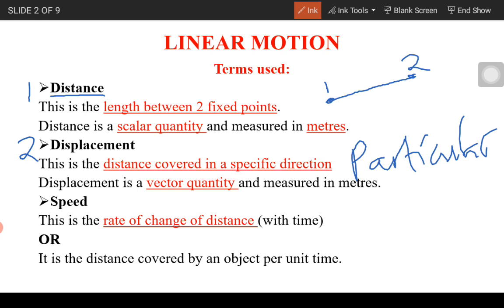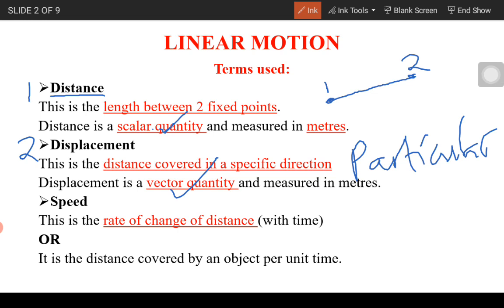So while distance is a scalar quantity, displacement is a vector quantity, and it is measured in meters. Are we fine? Okay.